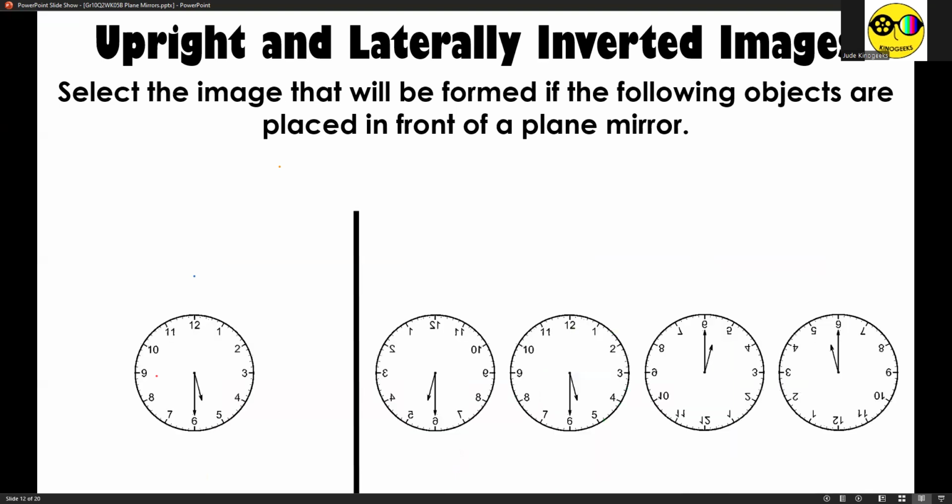And finally, for the clock, signifying 5:30, whether it's AM or PM, when you face that in the mirror, the resulting image will be the first one. So I hope that the distinction between upright and laterally inverted images is clear to you because you already have an abundance of examples from the previous slides.